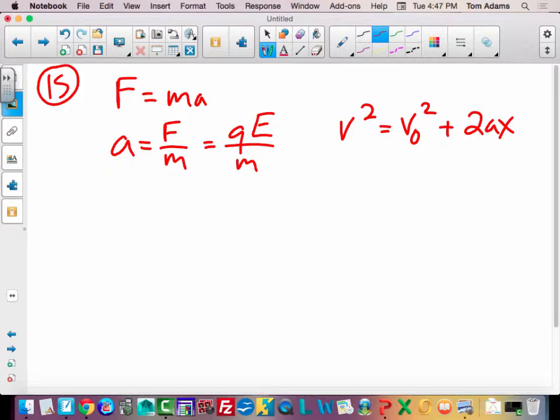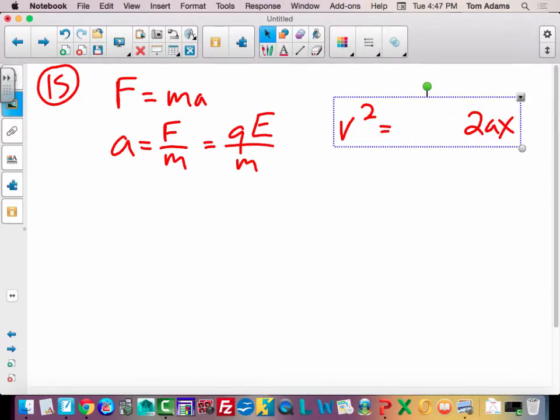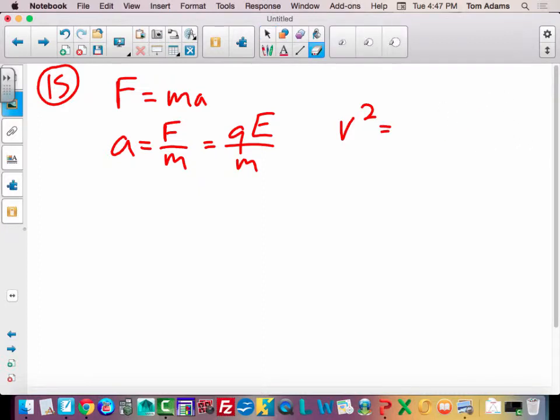But the initial velocity is 0, so that goes away. So really, the final velocity squared is equal to 2 times the acceleration times x.